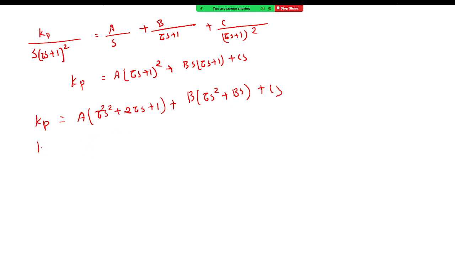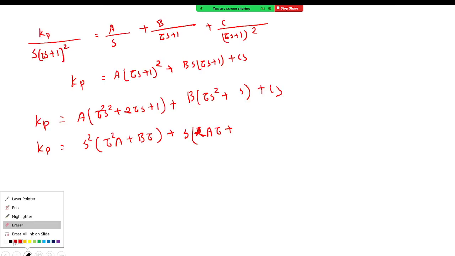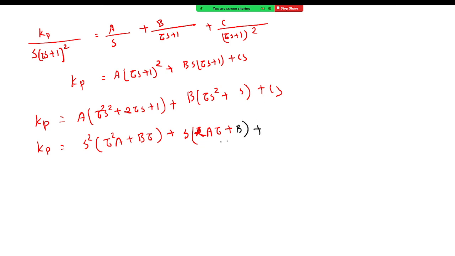So again, Kp is equal to, taking the s square term common, (tau square A plus B tau), plus if I take s common, (2A tau plus B plus C), and plus the constant is A.